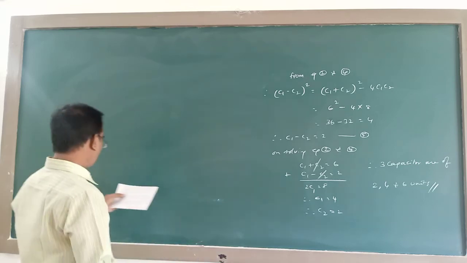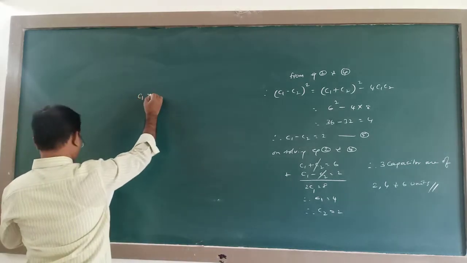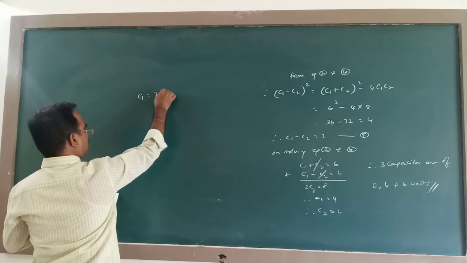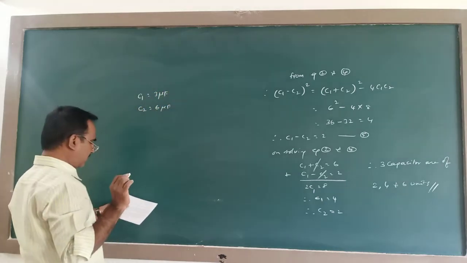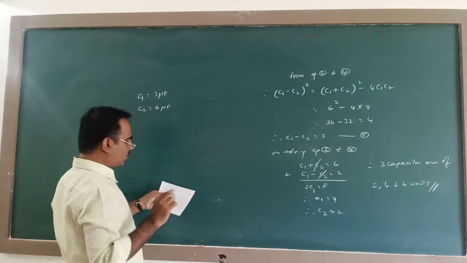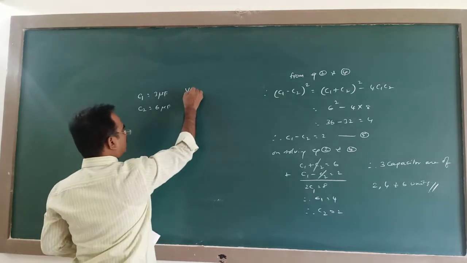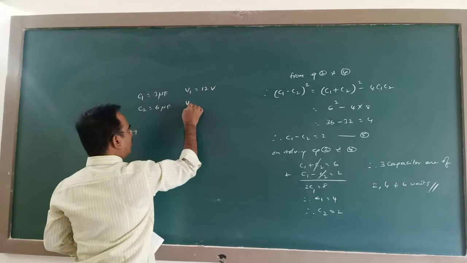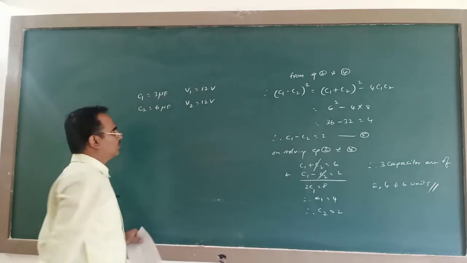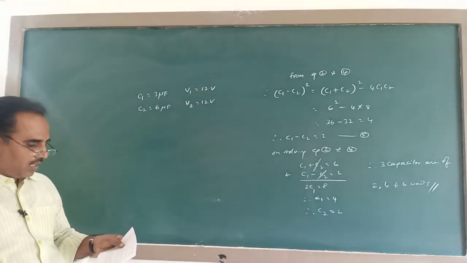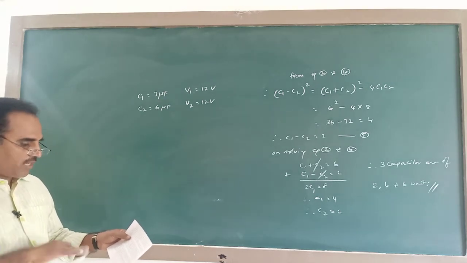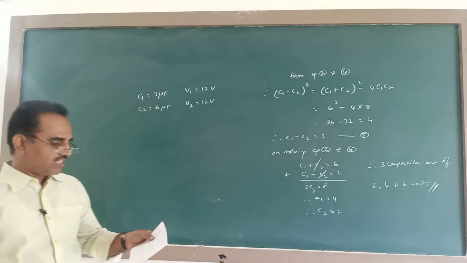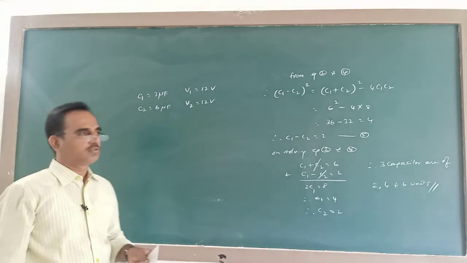So here there are two capacitors. C1 is 3 microfarad, C2 is 6 microfarad. They are charged to potential of 12 volt each. So this V1 is 12, V2 is also 12. They are now connected to each other with the positive plate of each joined to the negative plate of the other. What is the potential across each?